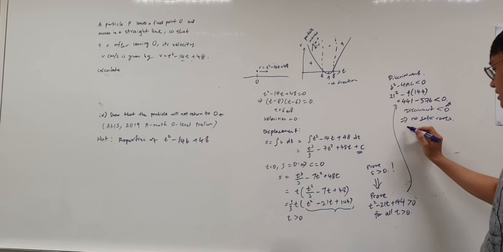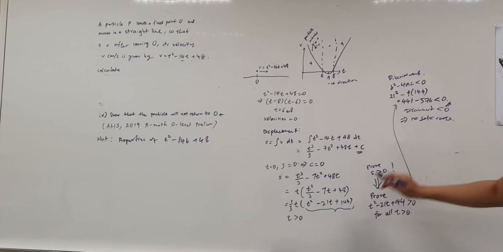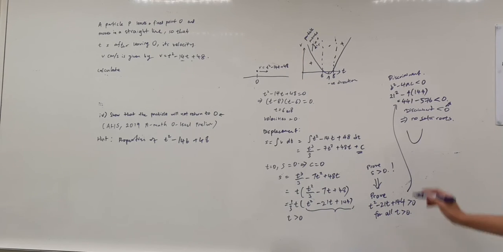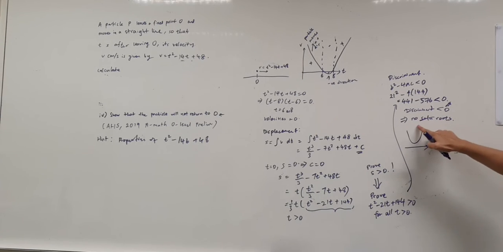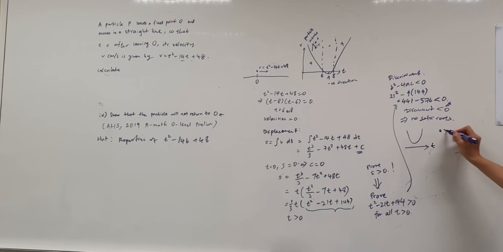And this is always above the t-axis. Therefore, since there's no solution and a is larger than 0, the discriminant is smaller than 0, then t squared minus 21t plus 144 is larger than 0.